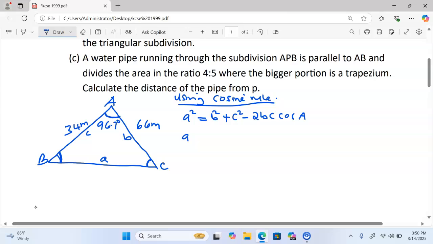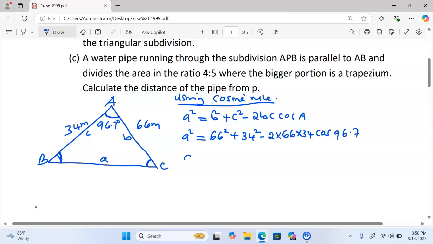a squared will remain being a squared, and this one is equal to b squared. b is 66 squared plus c squared, this is 34 squared, minus twice times 66 times 34, then cos of 96.7.